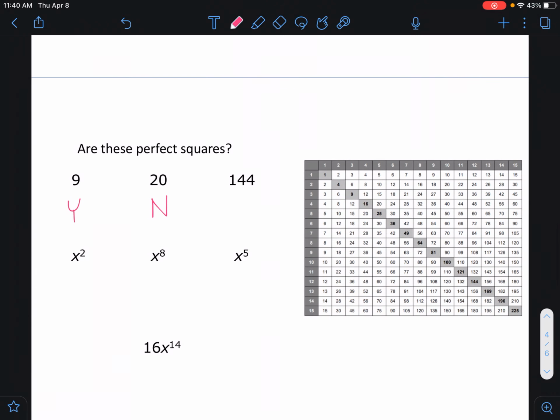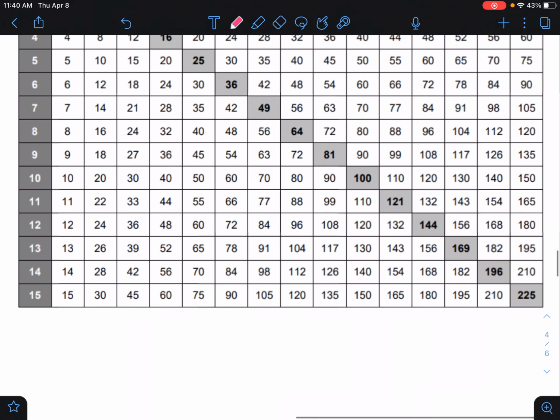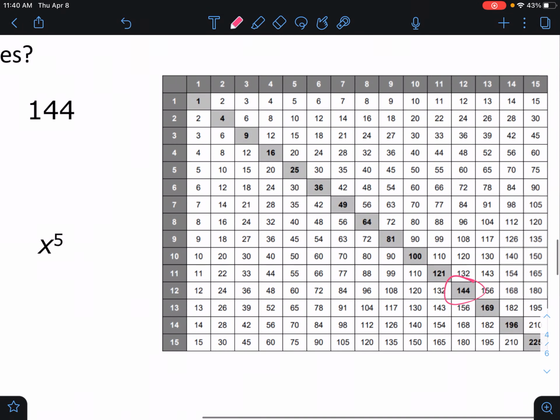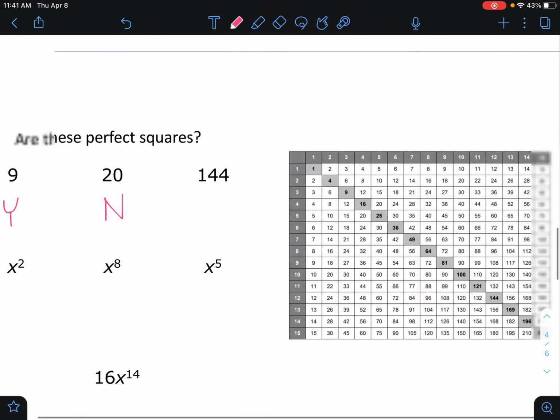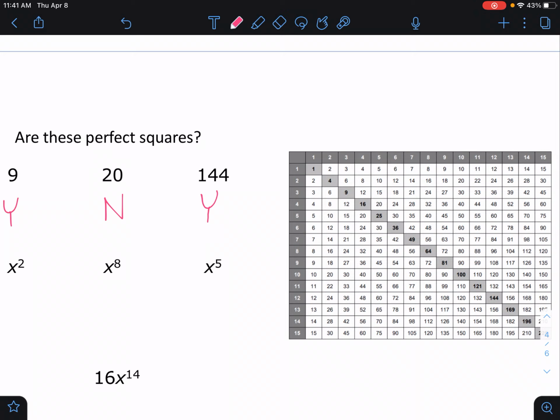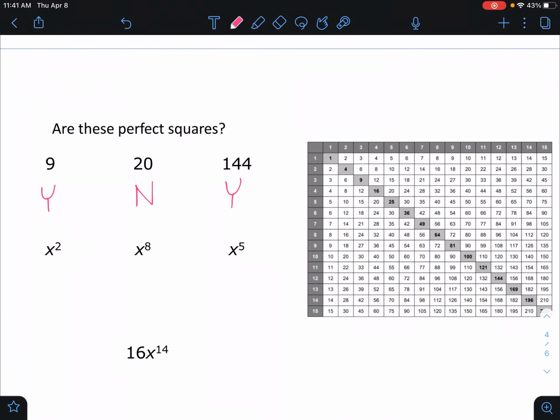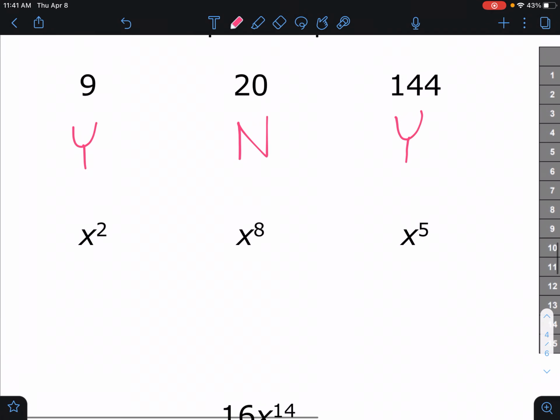What about 144? Well, you'll notice 144 is right here, and that's 12 times 12. If you look up here and over here, you can see that. So yes, this is a perfect square. Okay, how about x squared? Well, yes, because x times x gives me x squared. How about x to the 8th?